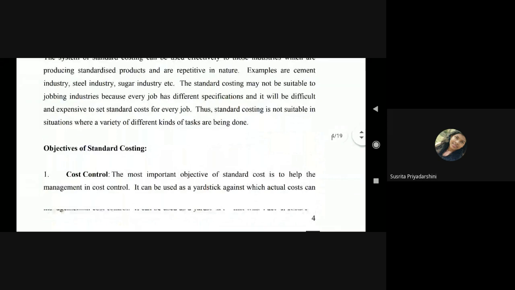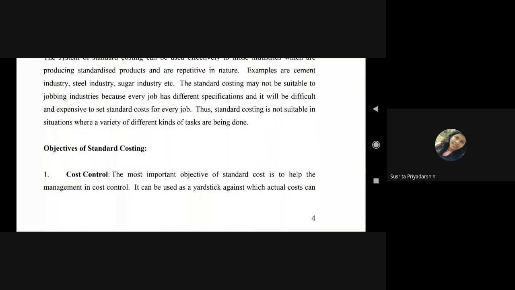Objectives of standard costing. So, what are the various objectives? The first one is cost control. If you are having a standard cost fixed in your organization, then the person who is going to purchase or order will always think about the standard which is fixed.